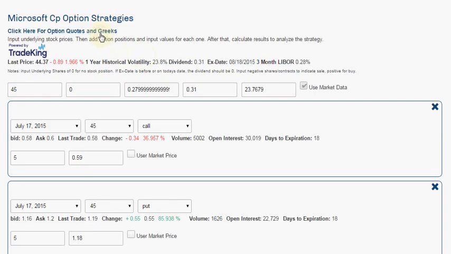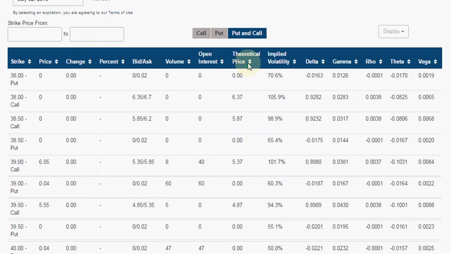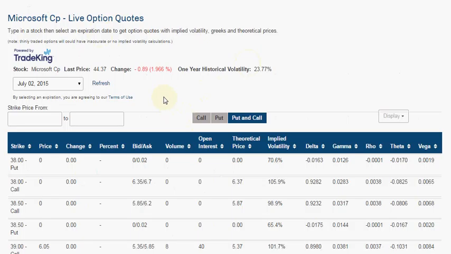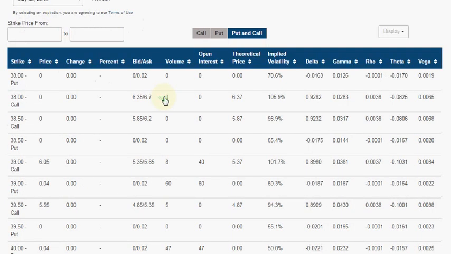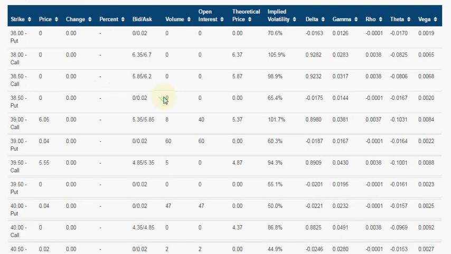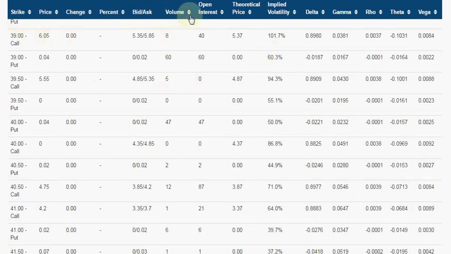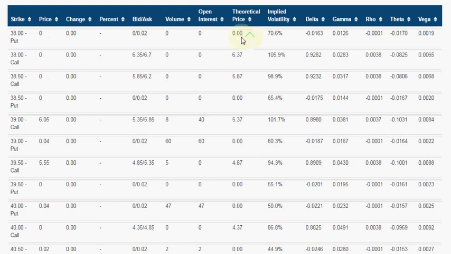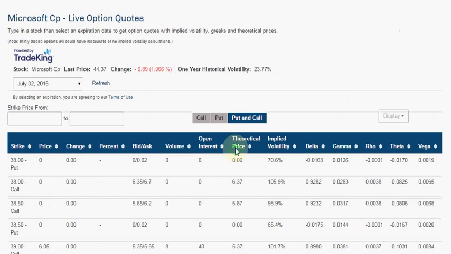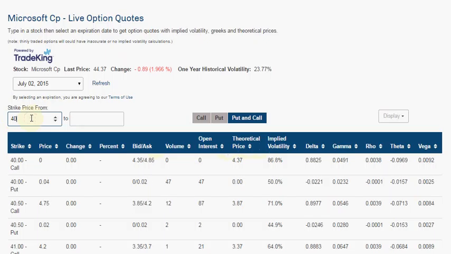And one last thing I wanted to show is we have a very extensive option quote area, so you can look at Microsoft, and we give you a lot of information here. The price change, open interest, volume, and we have a theoretical price for every option, and you can see a lot of the Greeks, or pretty much all the Greeks, and implied volatility, which again is a concept that you have to know a lot about if you're going to be trading options.